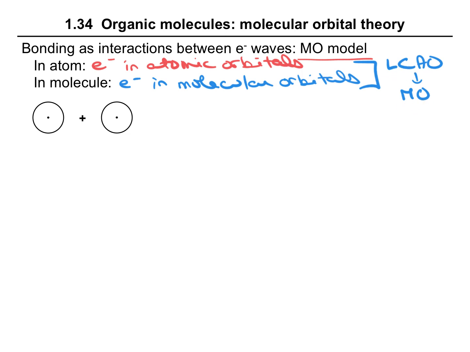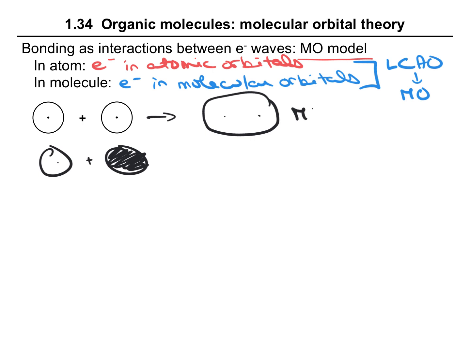There are two options. Our atomic orbitals can be in phase or they can be out of phase. When our atomic orbitals are in phase, they will add together to give a molecular orbital that looks like this.